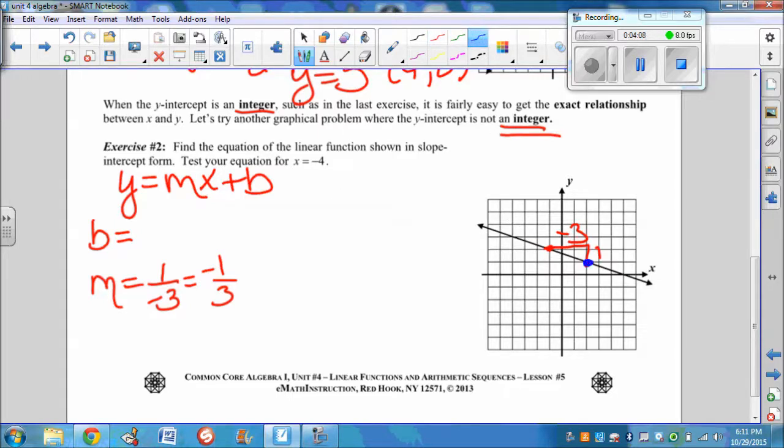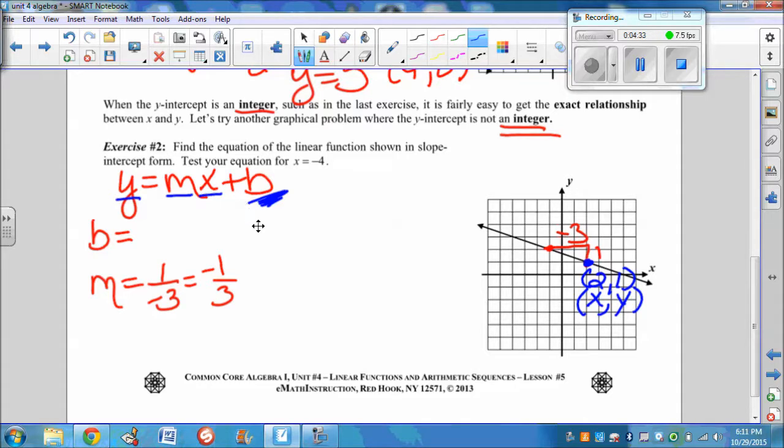Let's go with this one. Let's see how this graph can help us to find exactly what that y-intercept is. Well, this point here that I just put in blue is the point (2, 1). That 2 is an x, and that 1 is a y, right? So in my equation, I have a y. They gave us the slope.